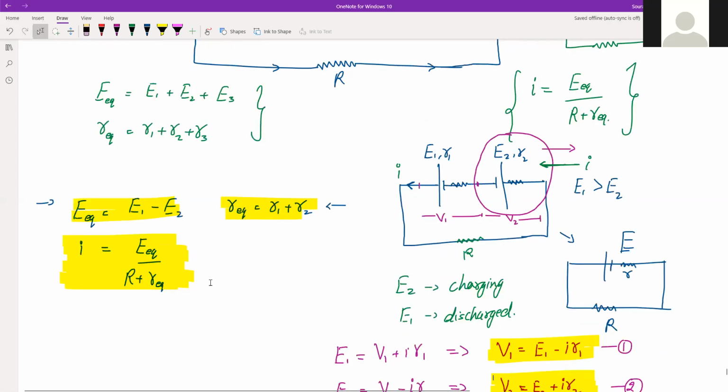So here, if there are n identical cells, then what will happen in this case? It will be nE divided by R plus nr.